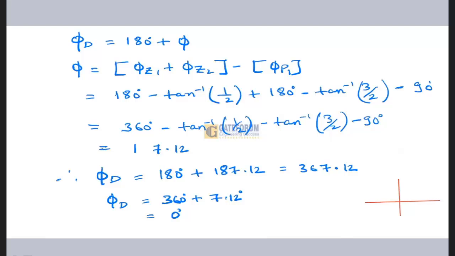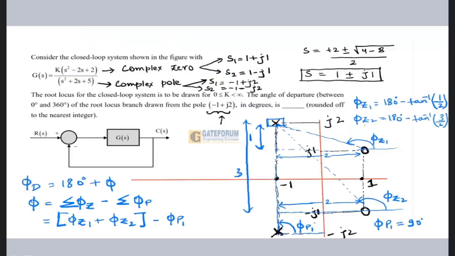If I take one anti-clockwise full rotation, it will be 360 degree, so both are the same. So this is equal to 7.12 degree. So the angle of departure that you are getting is 7.12. Okay, so this is your angle of departure.